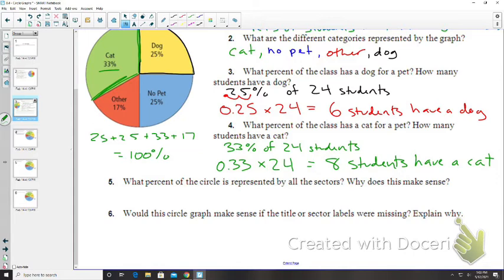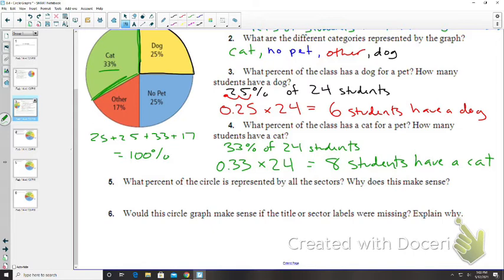And this should make sense, right? Because of all of the people that were sampled, all of those responses are included in this circle graph. So we should expect on circle graphs that every category will add up to 100%.